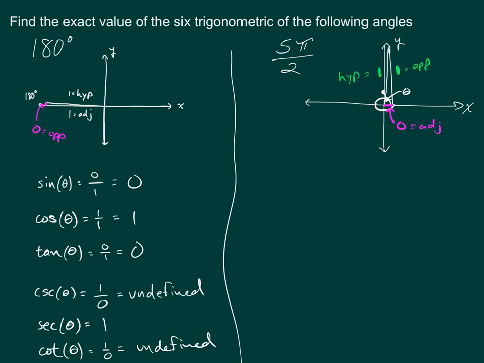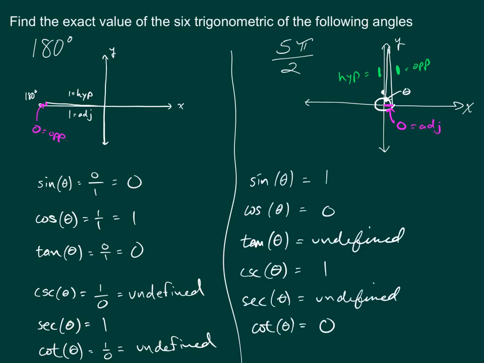So you can find the other values for the 6 trig functions for this one almost exactly the same way as over here. And when you do that, you'll end up with values that look like this. And there you have it.